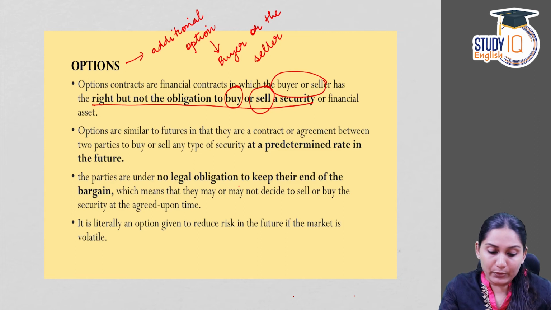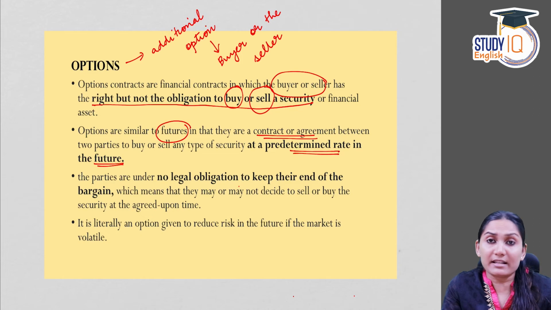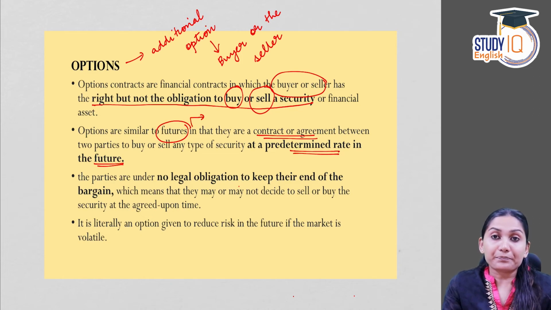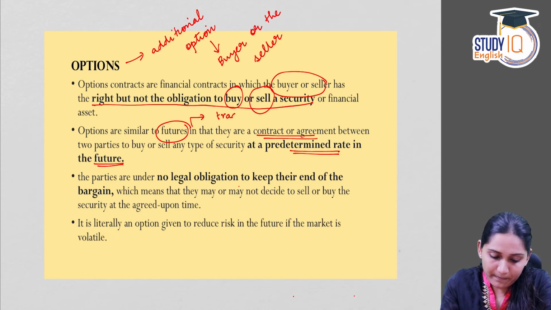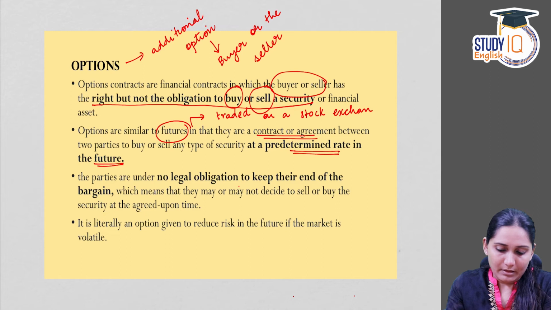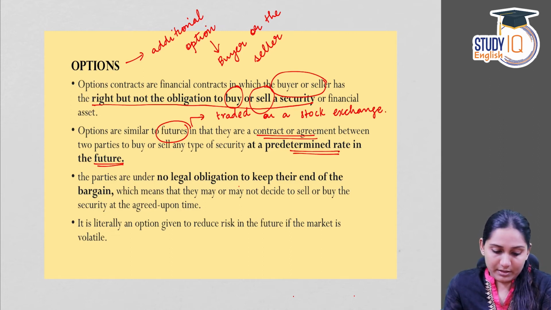Options are similar to futures in that they are contracts or agreements between two parties at a predetermined rate in the future. How are they similar to futures? They are similar to futures because they are traded on a stock exchange.